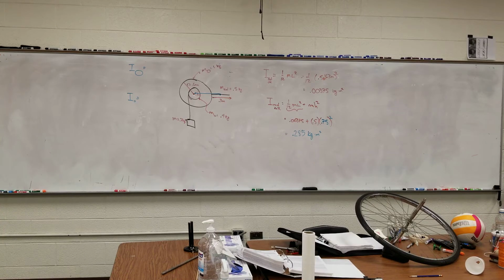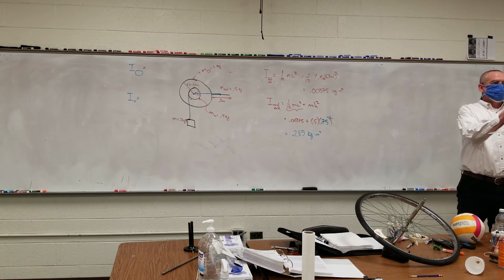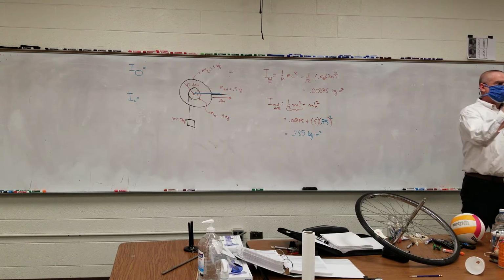There we go. So ignore the little nut right there. The first one was a cylinder rotating about this axis, and the other one was a cylinder rotating about that axis.